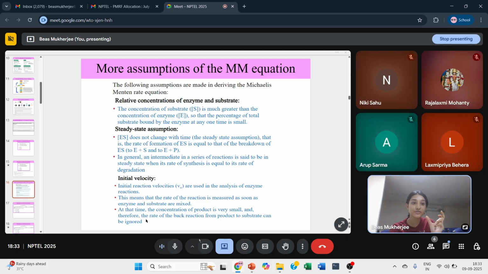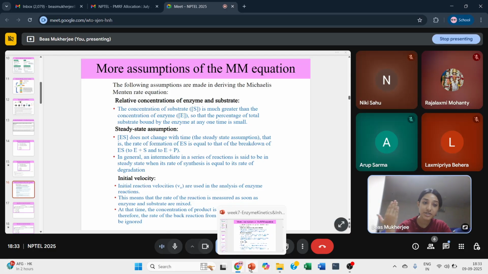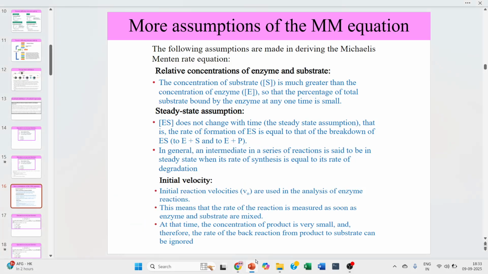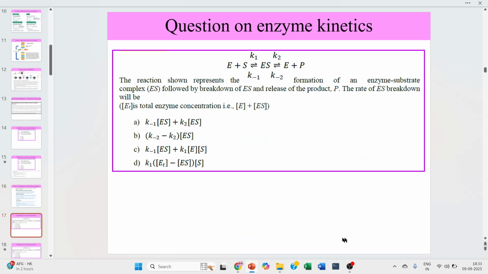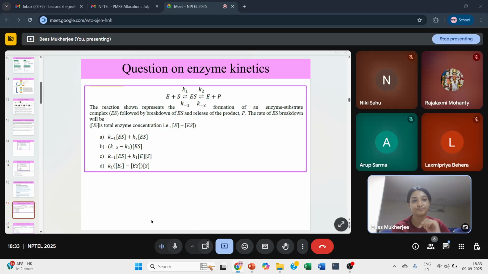The concentration of the substrate is important for finding the velocity of the reaction. The rate of the back reaction from product to substrate is also ignored. Some of these assumptions we already discussed in the previous slides, but they are given here once more for your revision.